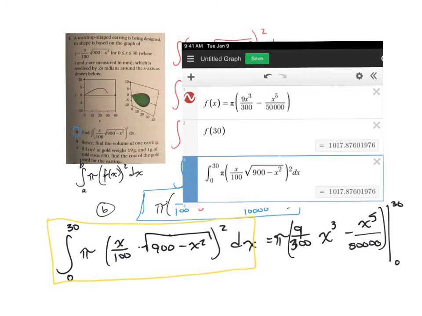So the volume of one earring is 1017.88 millimeters cubed. Cool. So then it says if 1 centimeter cubed of gold weighs 19 grams and 1 gram of gold costs 30 pounds, I think, find the cost of gold used for the earring.